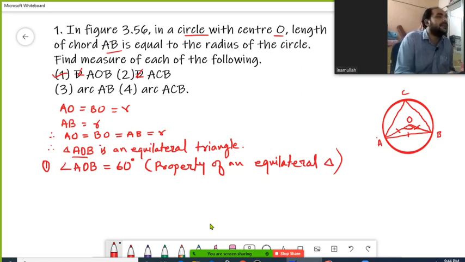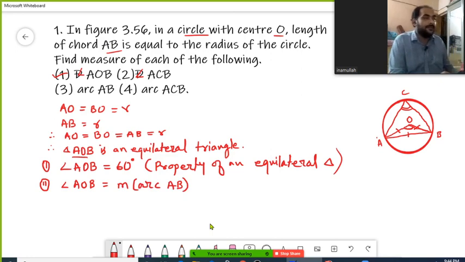Now second, ACB. We need this angle ACB. We know ACB should be half of AOB because AOB is the central angle. So here we can say angle AOB should be the same as major arc AB.